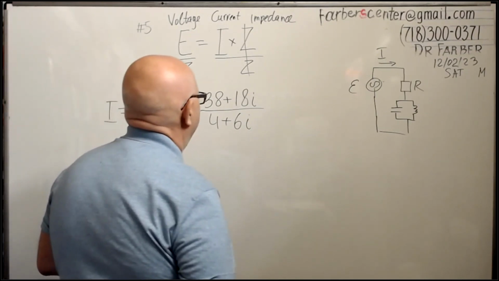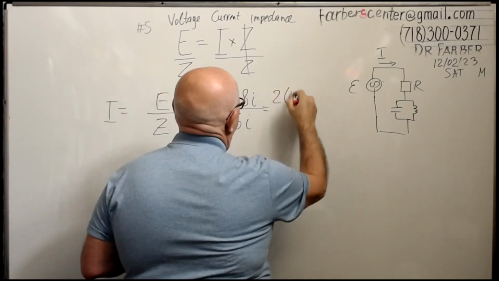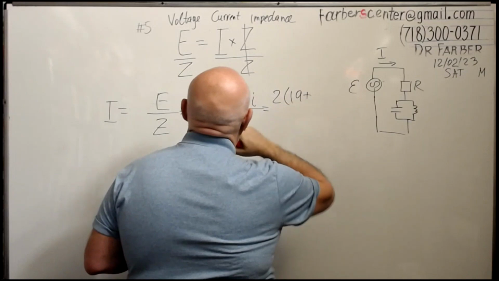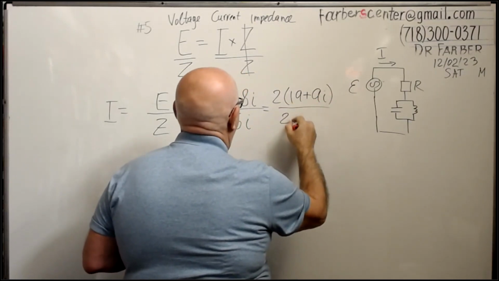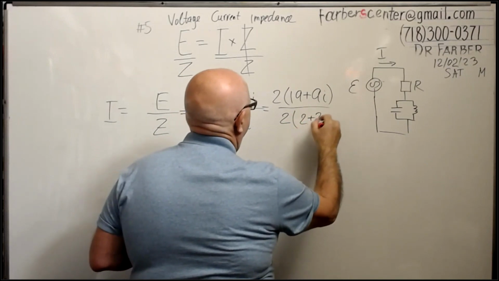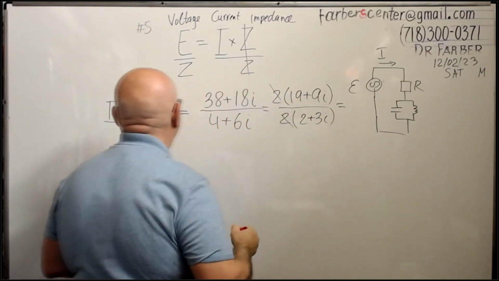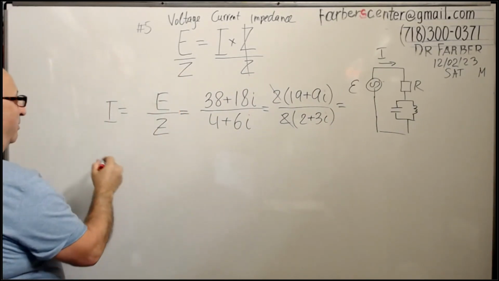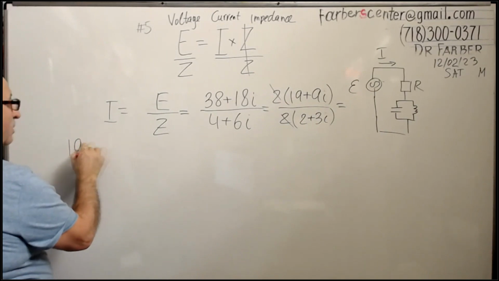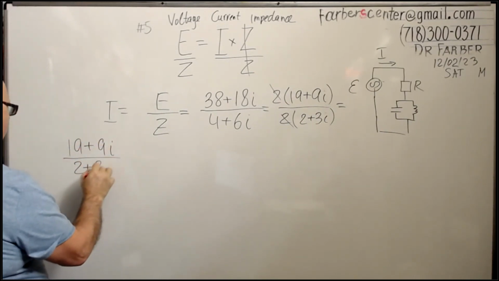First of all, you can simplify by 2. It's 2 times 19 plus 9i, divided by 2 times 2 plus 3i. And 2 cancels out. This is better. You have 19 plus 9i divided by 2 plus 3i.